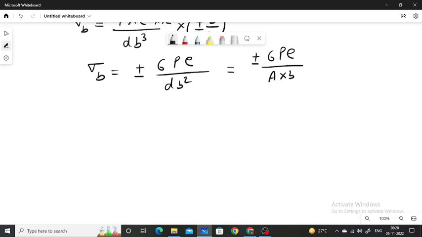So as we know that direct stress will be equal to the load upon area, the total stress will be equal to the direct stress plus bending stress.